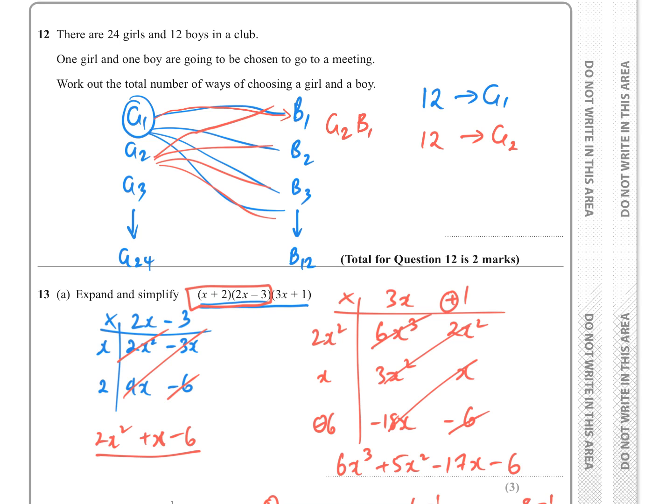So it's not like if you take a bead out of the bag, it's already done, okay? So you're kind of replacing these things, okay? So look at it like that. So basically for each of the 24 girls, they have 12 possible choices. So it's just 24 times 12. So on your calculator you should get 288.